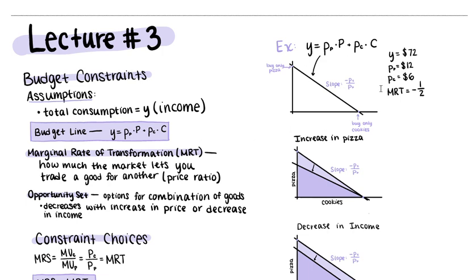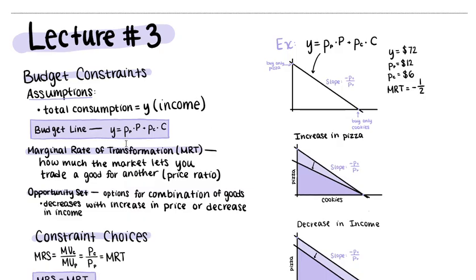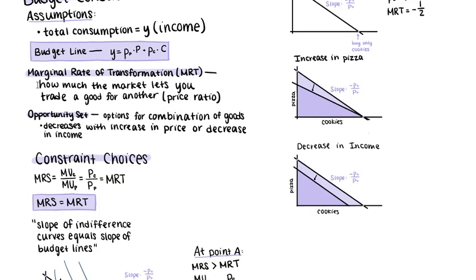So it's downward sloping, and the slope is the price ratio. The marginal rate of transformation is MRT. It represents how much the market lets you trade one good for another.